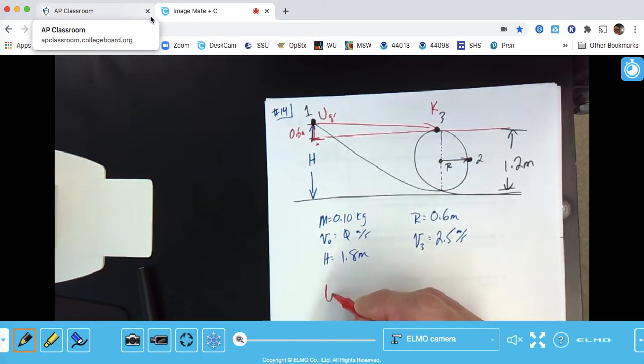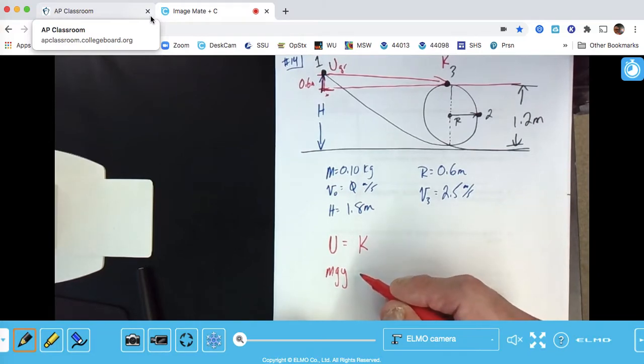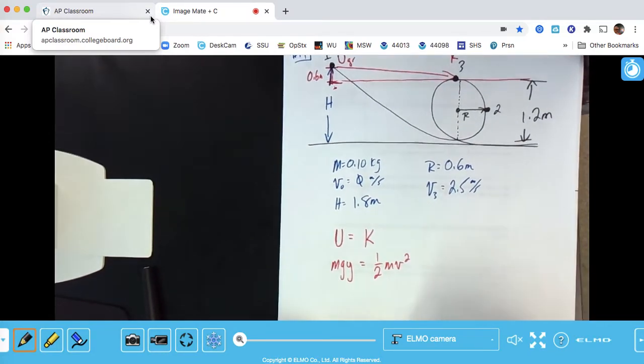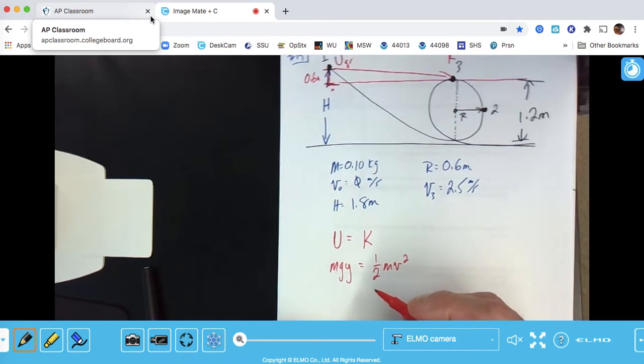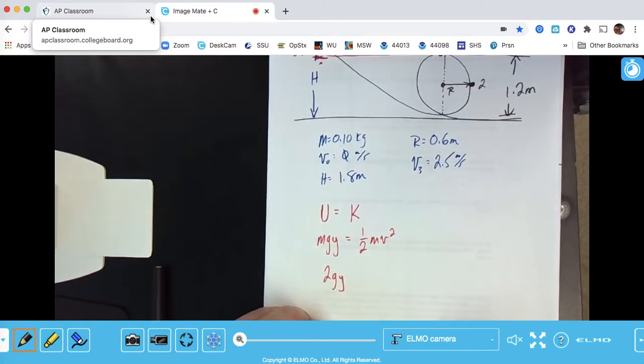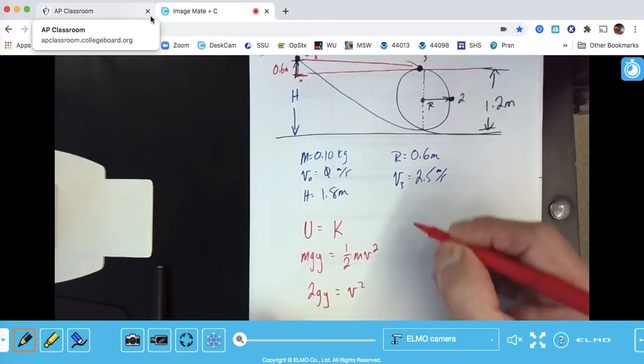Well, the potential energy turns into the kinetic energy. The mgy, mgh, I use those interchangeably, I hope that's okay. The mgy turned into 1/2 mv squared, multiplied by 2, divide by m. The mass didn't change. So I get 2gy divided by m is v squared.